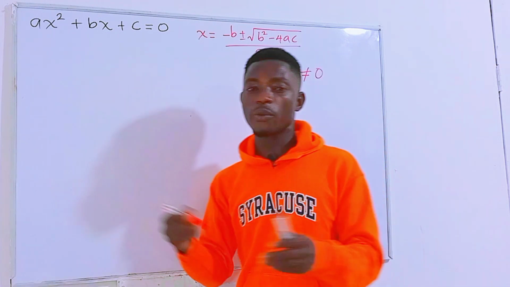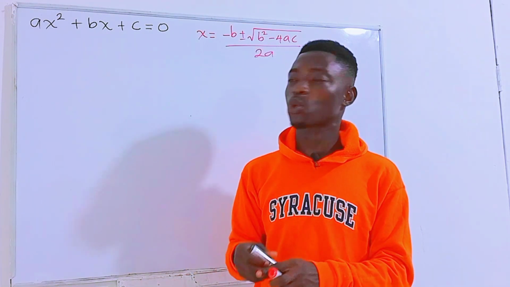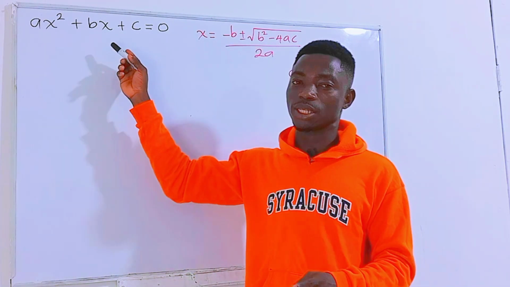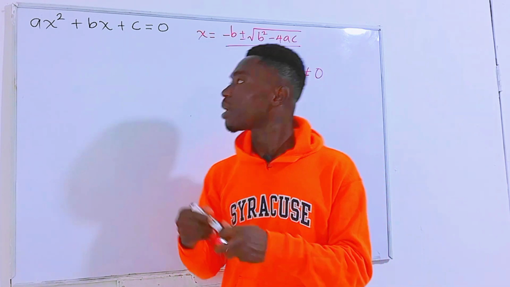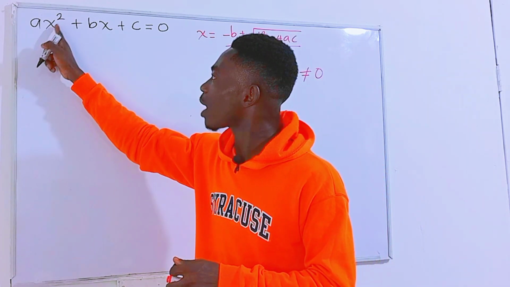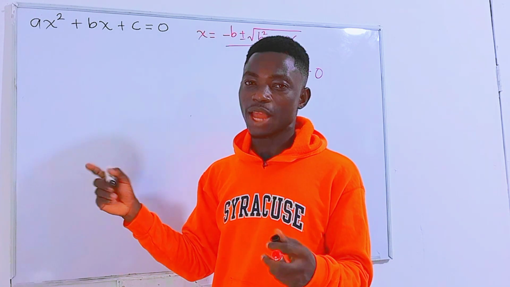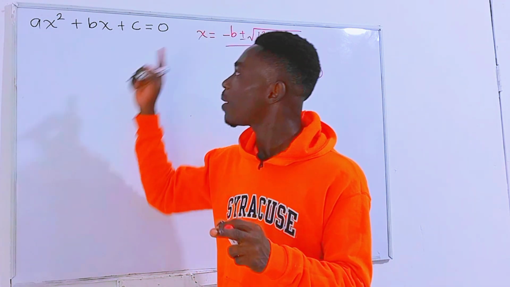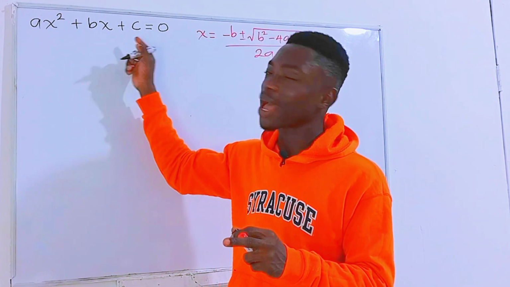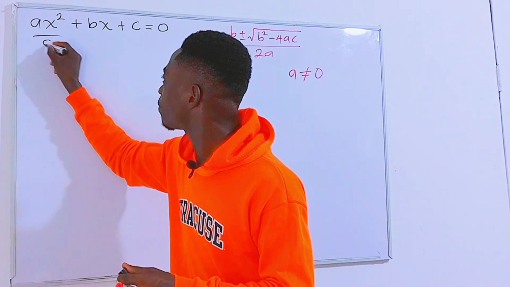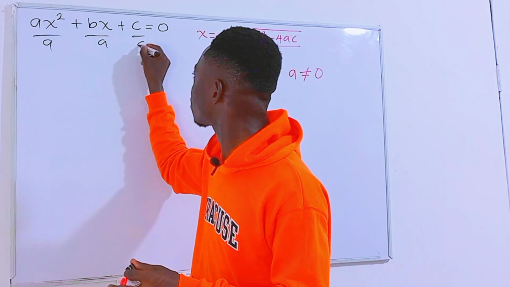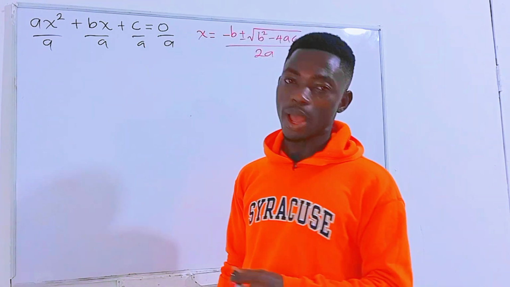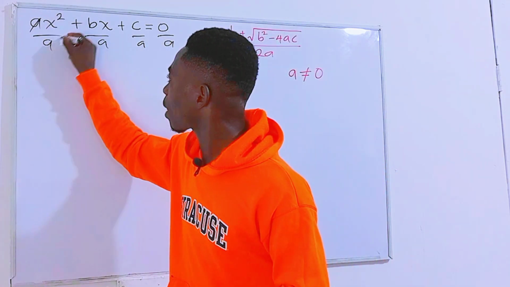And like I said, we'll be using the method of completing the square to show that this is a solution. The first step is to make sure that the coefficient of x squared is 1. And we can only do that right here by dividing each term by a. So I'm going to divide this by a, this by a, this by a, and this by a as well, so that this will cancel out this.